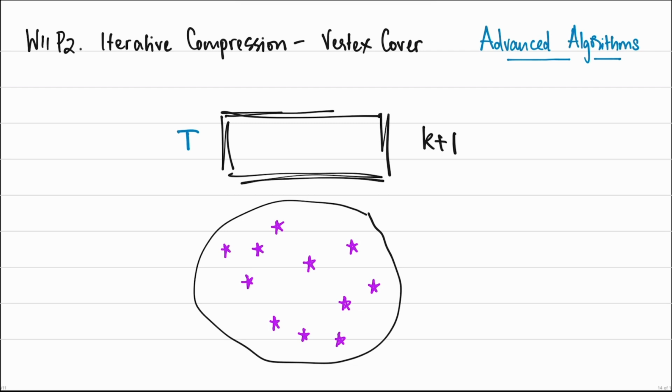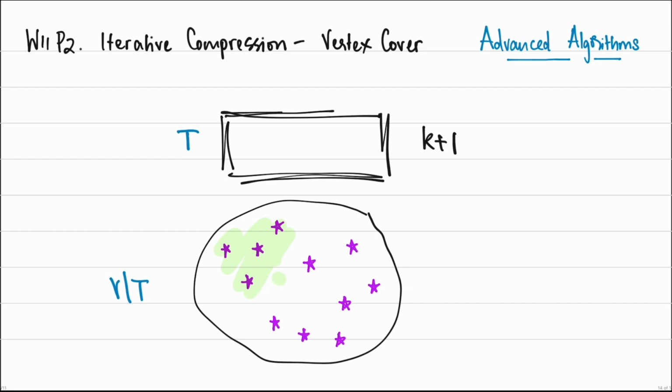It would also be valid to ask where the vertex cover we're looking for intersects with V minus T, but that would be a really expensive guess, because you would be looking at all possible subsets of size at most k of V minus T, which is a set of size n minus k minus 1. That's going to go out of hand. You're going to again start seeing n choose k kind of running times, which you want to avoid. Our goal is to come up with an FPT algorithm.